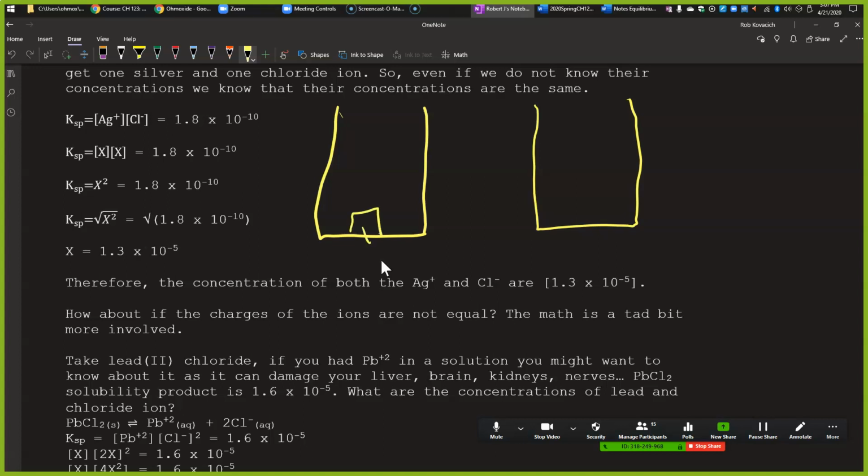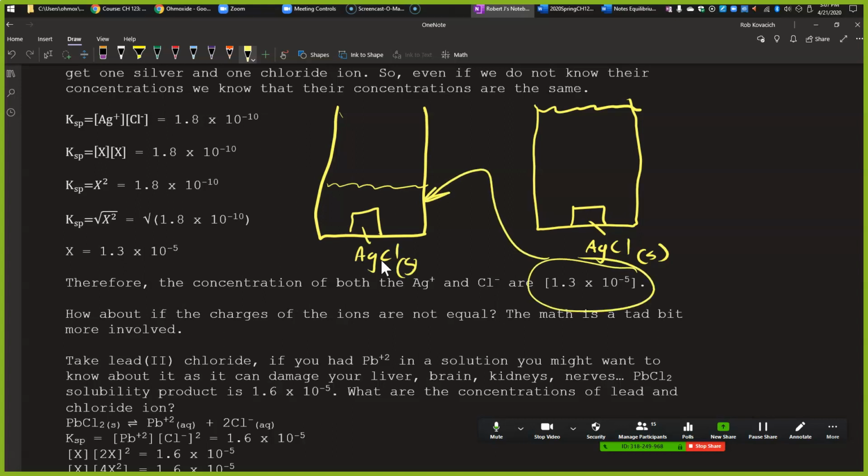Yeah, but are you putting in exactly the same amount of silver chloride? Because you're not filling the container to 5 liters unless you add water. No, I'm saying it's 5 liters of solution. So this one's only filled to here, and this one's filled up here, and both of these solutions have concentrations for silver and chloride that are that value.